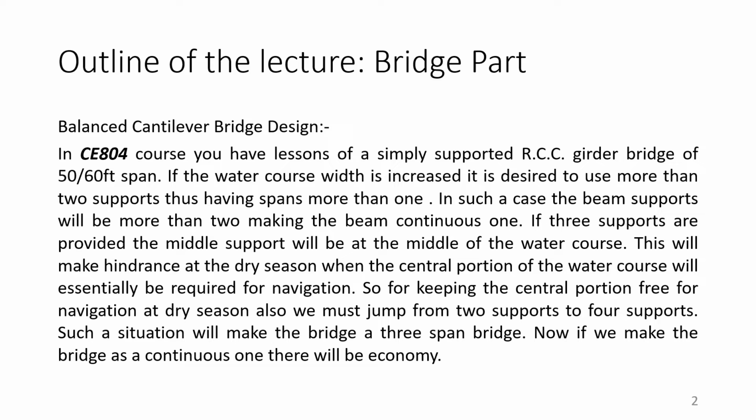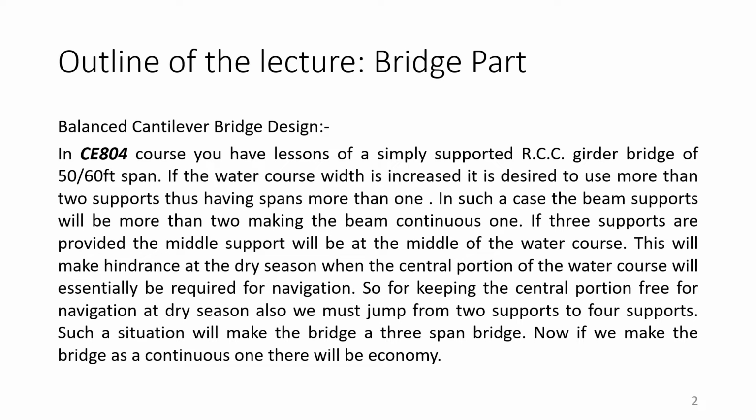If we use 4 supports and use cantilevers towards the middle part of the bridge, then there will be no support at the center of the bridge, and navigation in the dry season will not be hindered.